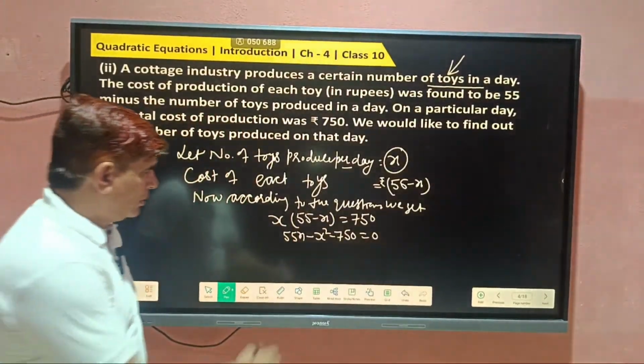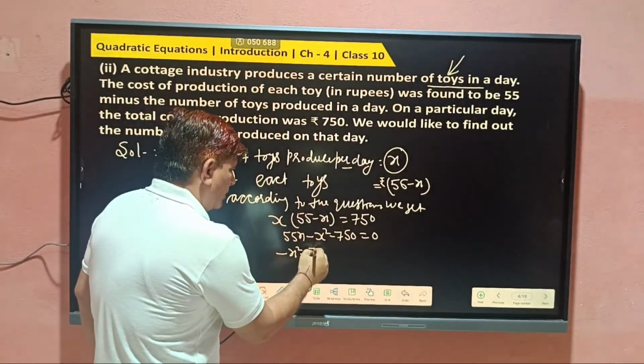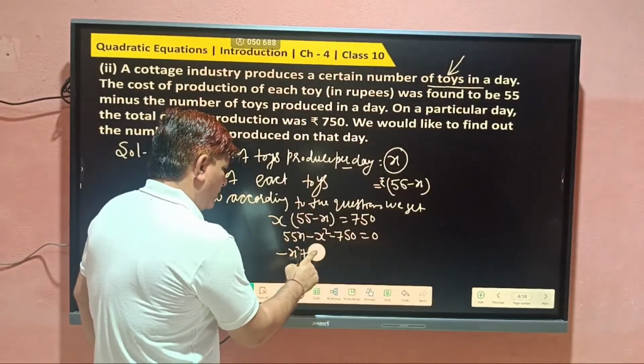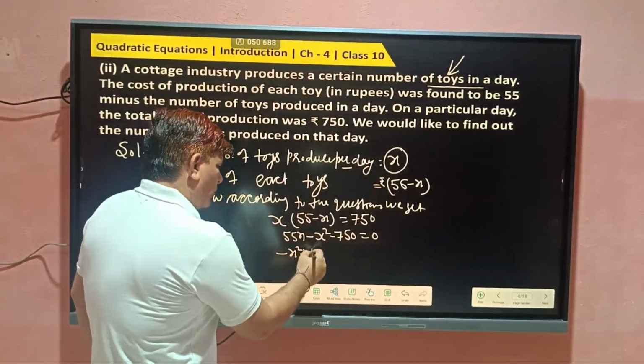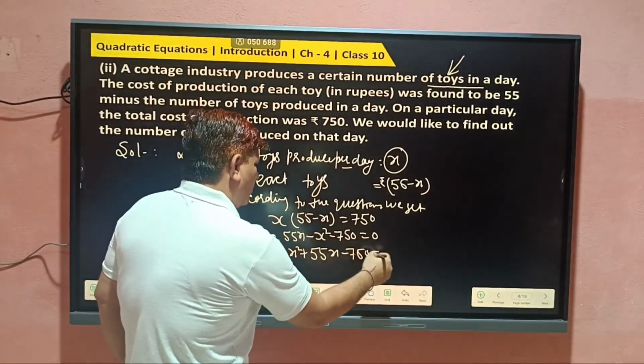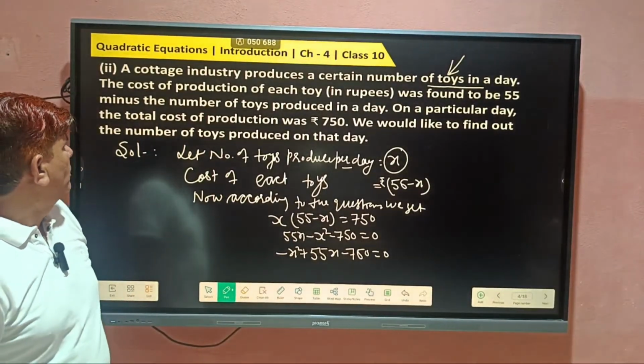Got it? So we can write minus x square plus 55x minus 750 equal to 0. This is the mathematical equation.